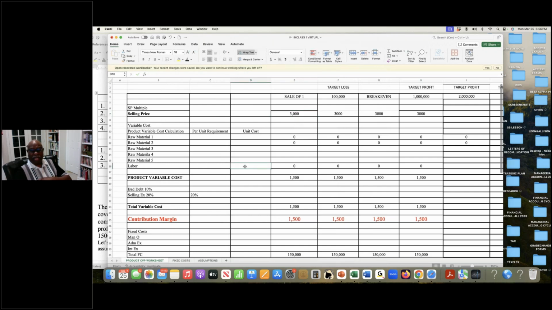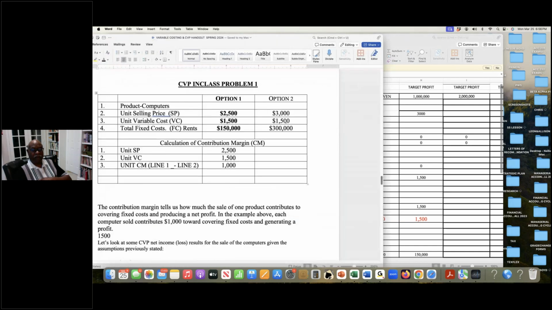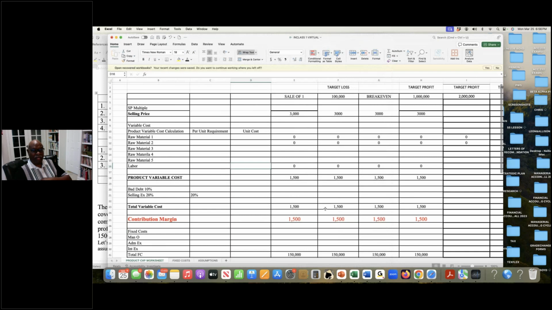Okay. And what's our cost now? 1,500, right? Yes. Product variable cost is 1,500.